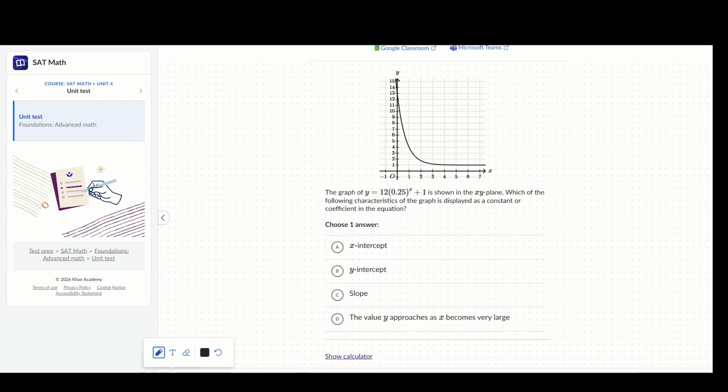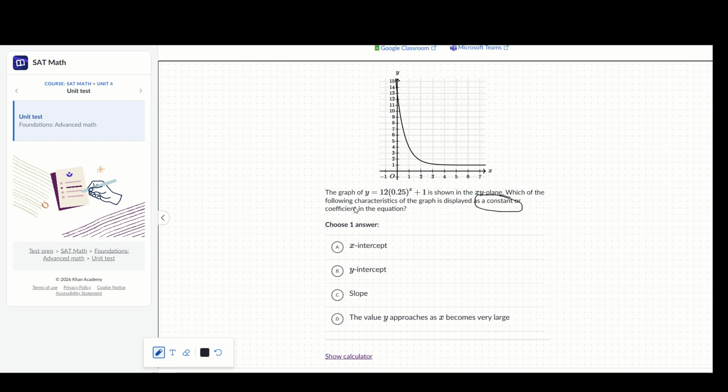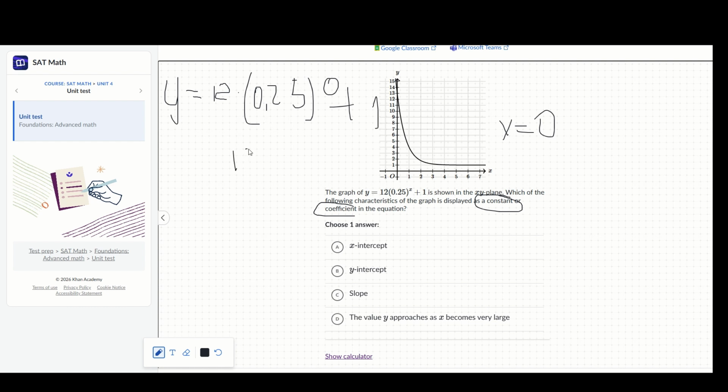Yes. Next. The graph of this equation is shown in the xy-plane. Which of the following characteristics of the graph is displayed as a constant or coefficient in the equation? They are saying constant, like it doesn't change, or coefficient. Let x equal 0, minus plus 1, it would be 1.